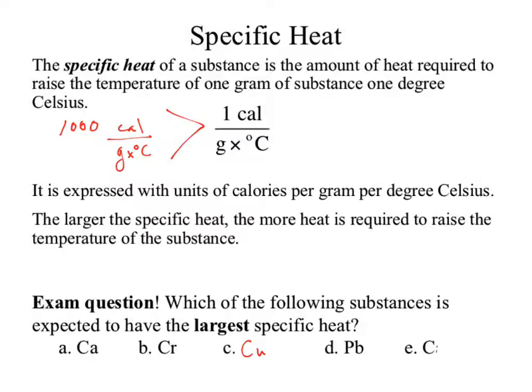So if I have a large specific heat, what am I referencing? What kind of compound? A conductor or an insulator? An insulator.